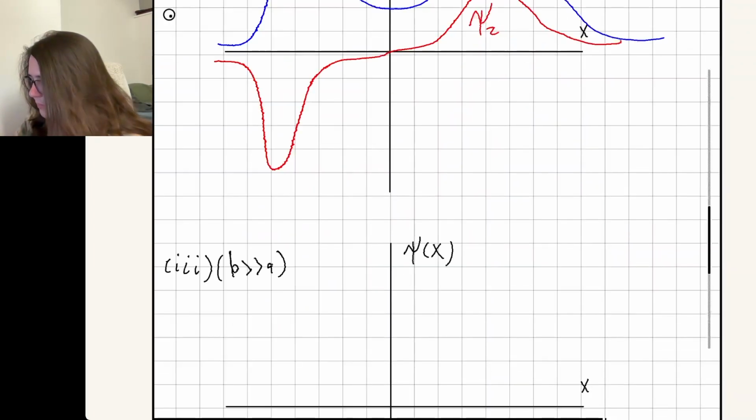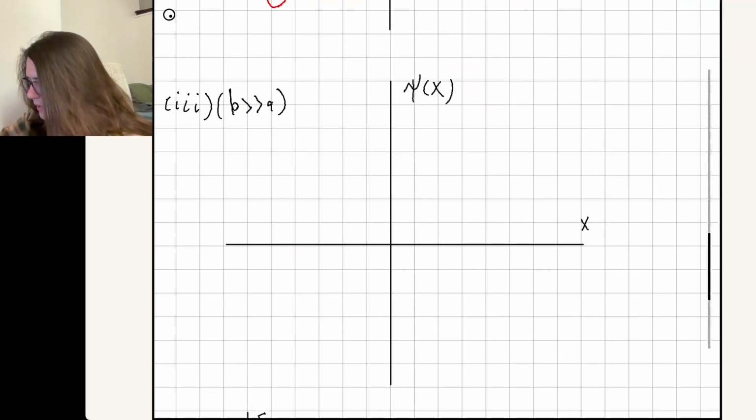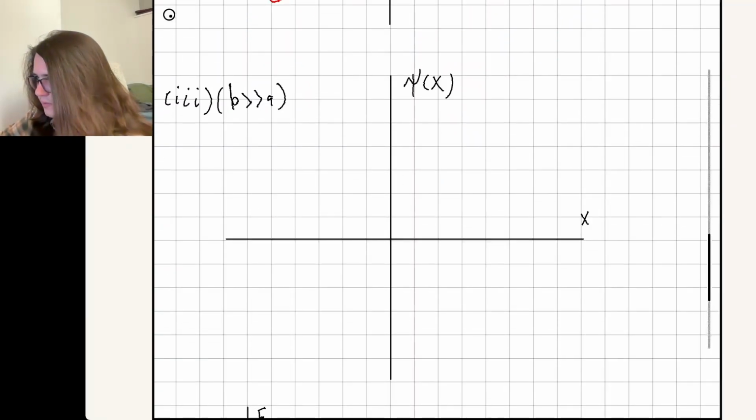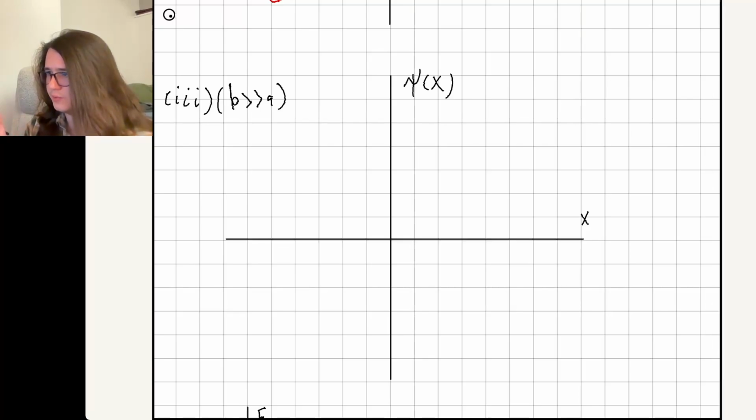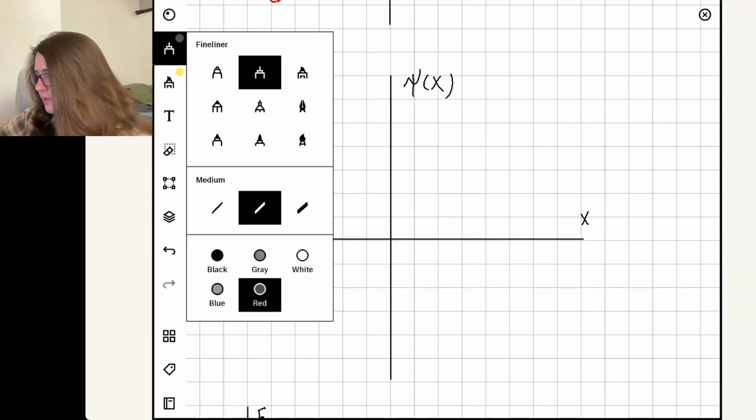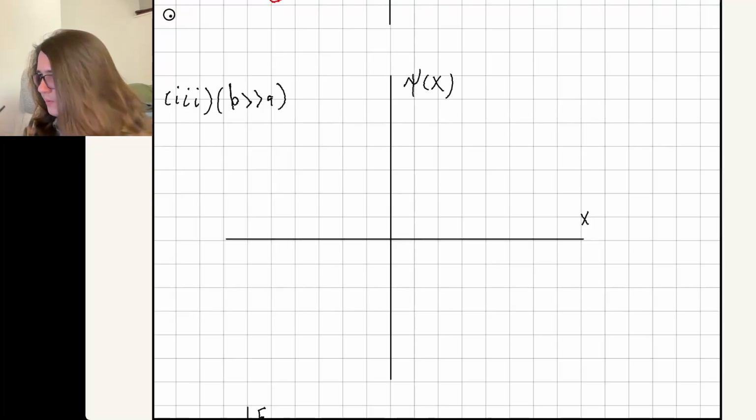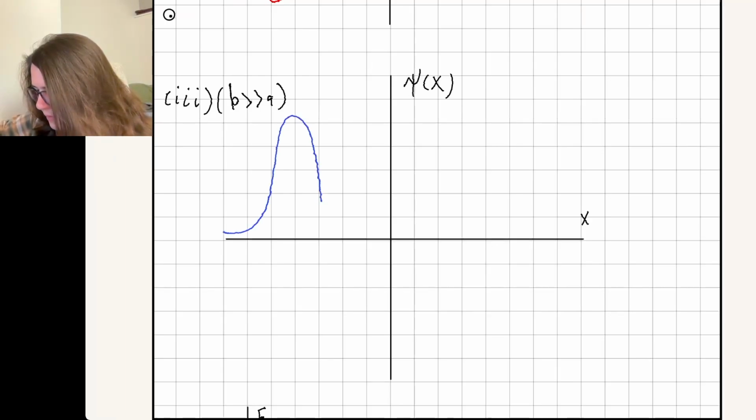Finally, for B much greater than A, the degree of separation between them is so great that psi 1 is going to basically become 0 in between the two wells. So we have here a Gaussian, and it's going to completely die off in the middle, and then another Gaussian.